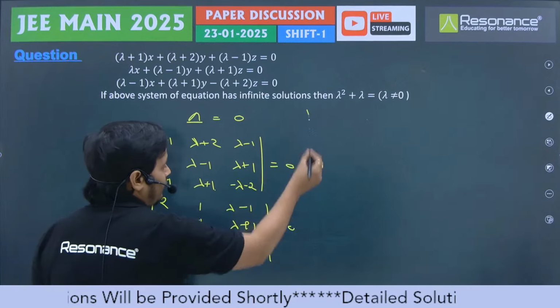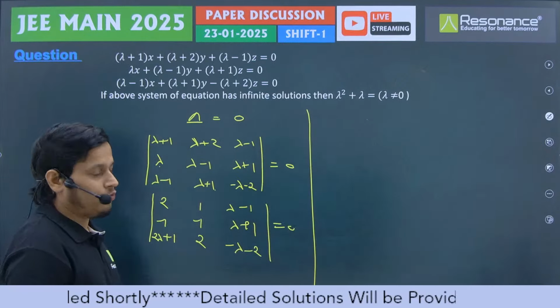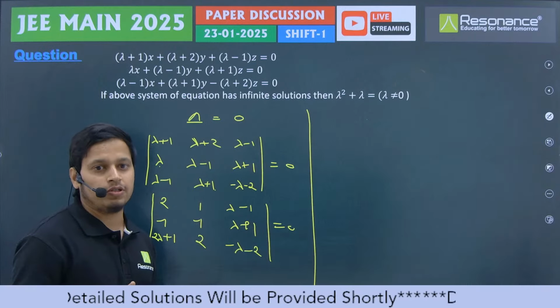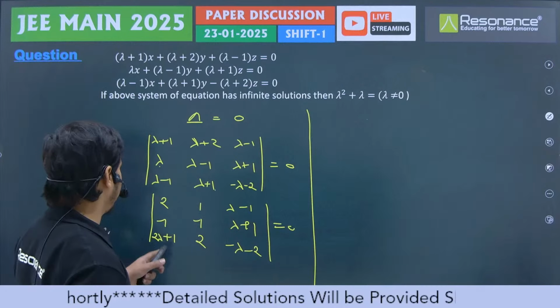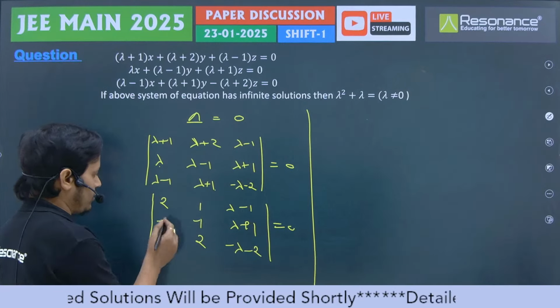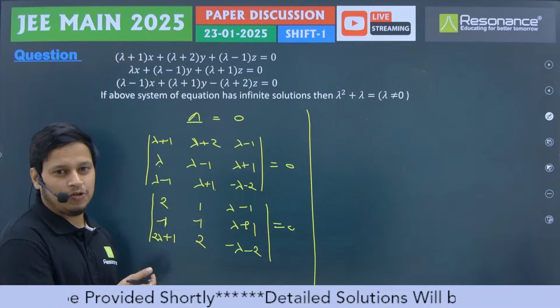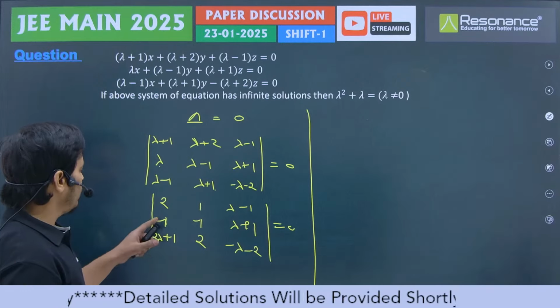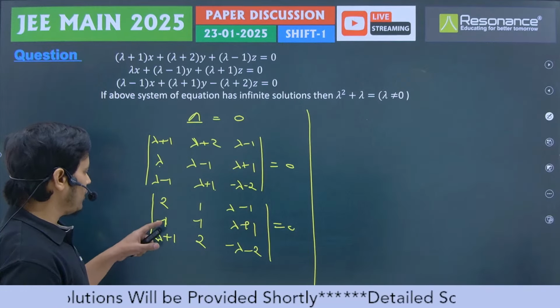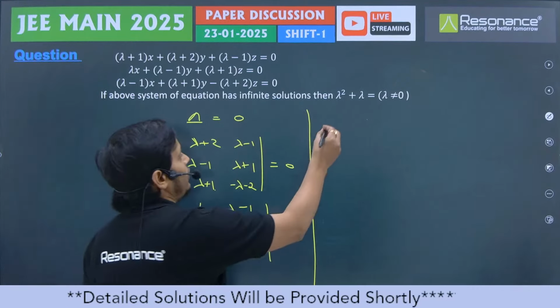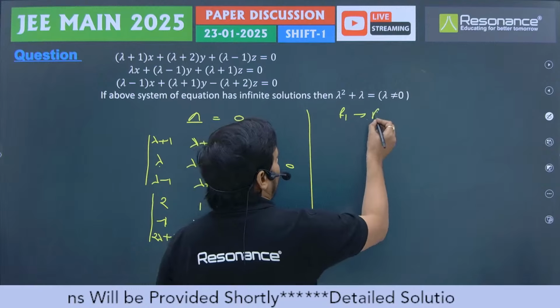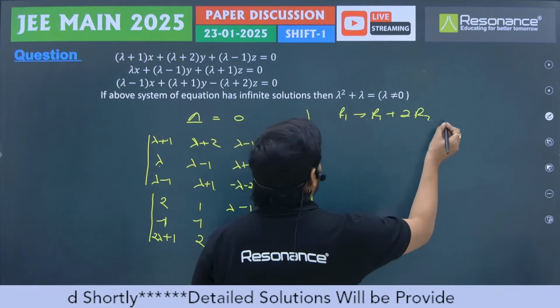By the way, at one place you are going to get all the solutions. Now I am trying to make one more 0 here. So R1 goes to R1 plus twice of R2.